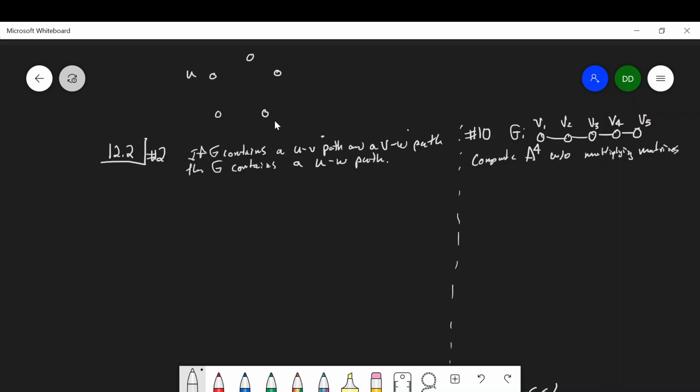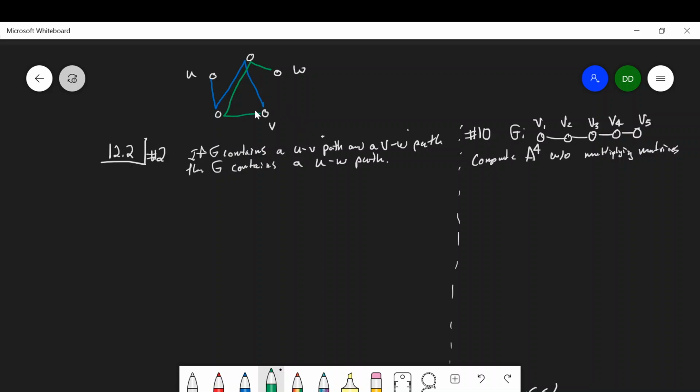Let's call this one U, and this one V, and this one W. Let's say my UV path goes like that, and what if my VW path goes like this?